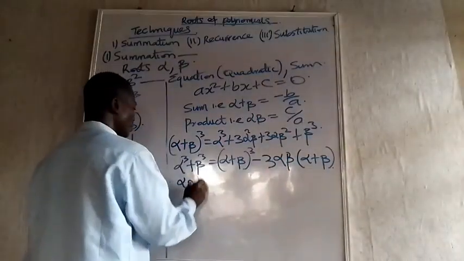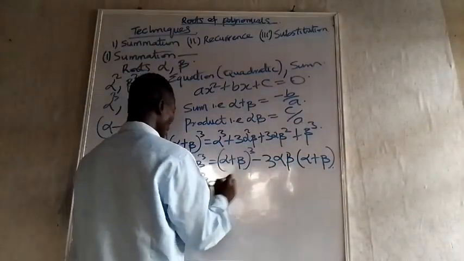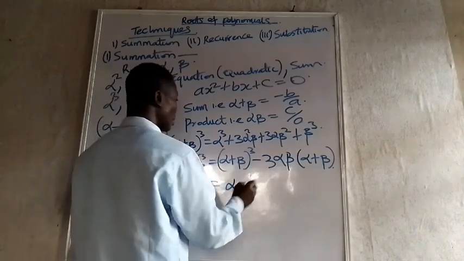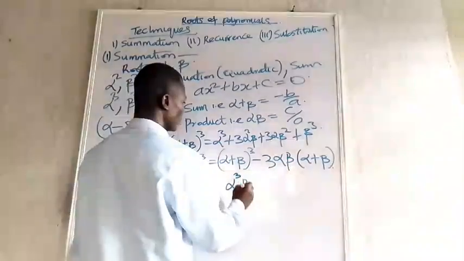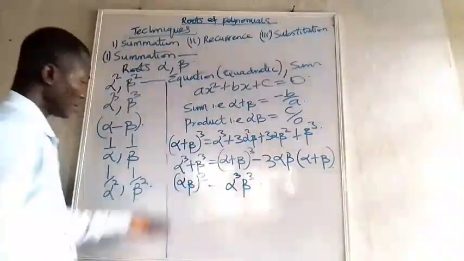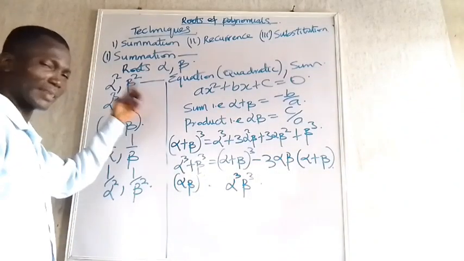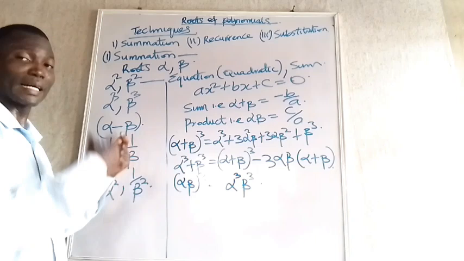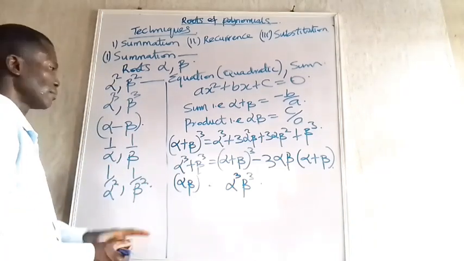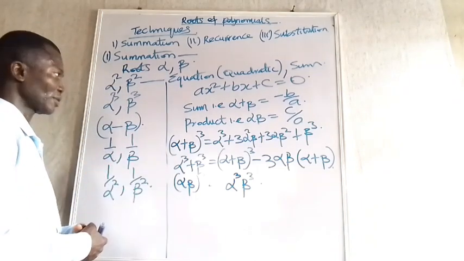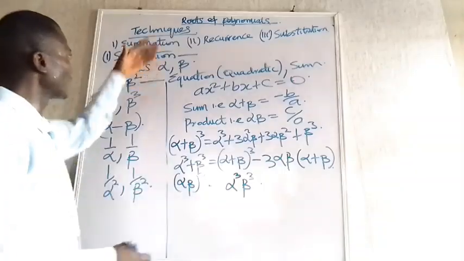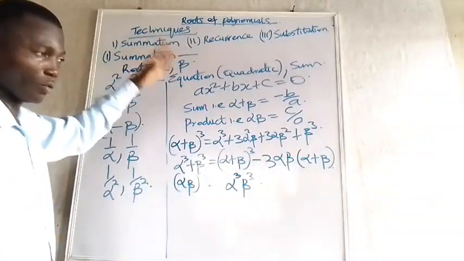Alpha beta cubed is equal to alpha cubed beta cubed, so that's the product. So I can form another equation with this easily. The same pattern you will do for this. But when it gets to very high power, it might be a bit difficult. But when you know about recurrence and substitution, you can easily work it out.